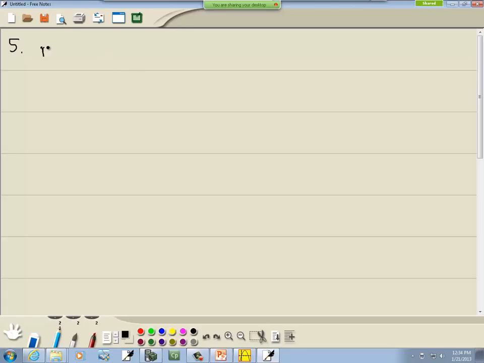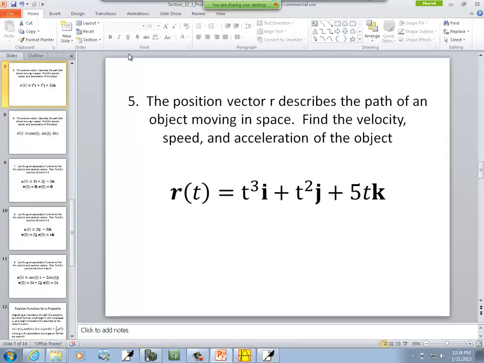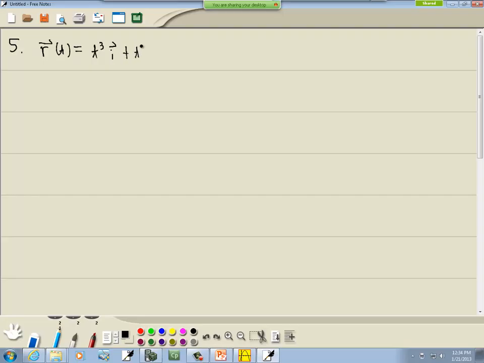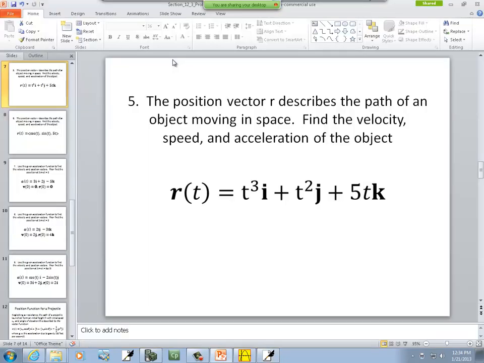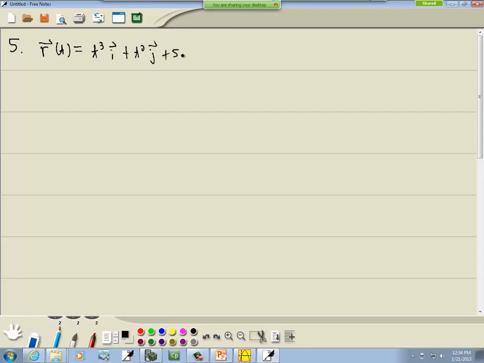So r is equal to t to the third i plus t squared j plus 5tk.